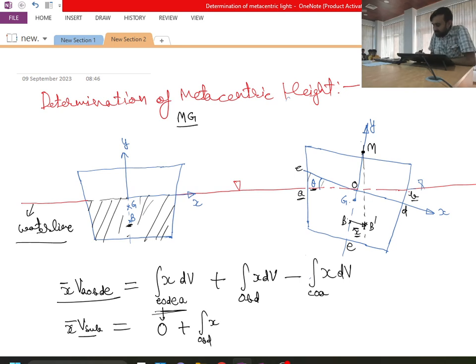So let's consider that I have some element over here, and the area of this element is nothing but dA. Okay, dA is the area of the element, and this element I have taken at a distance x from this point, and say the thickness of the element is dx.